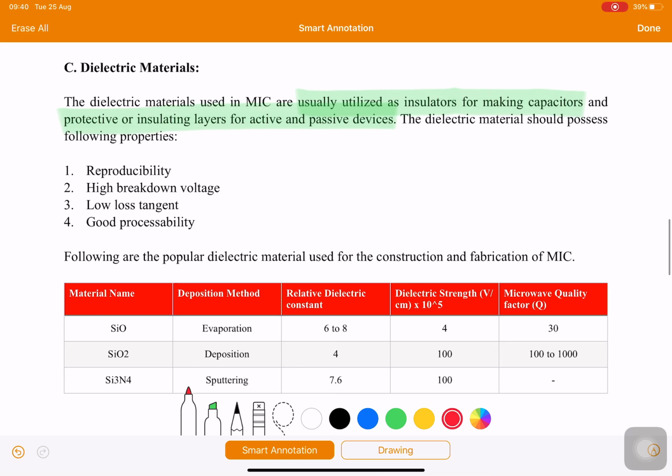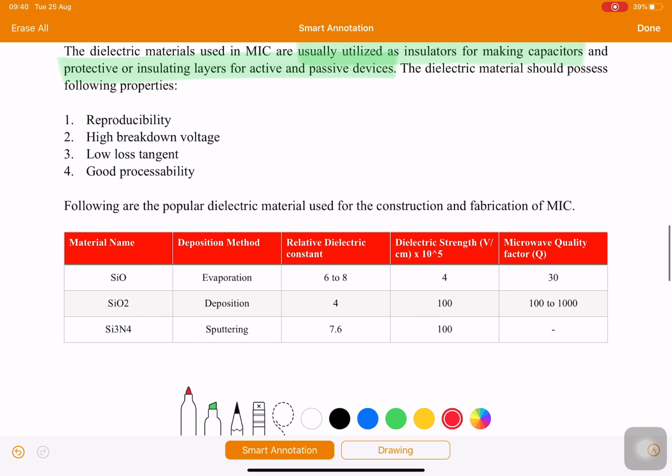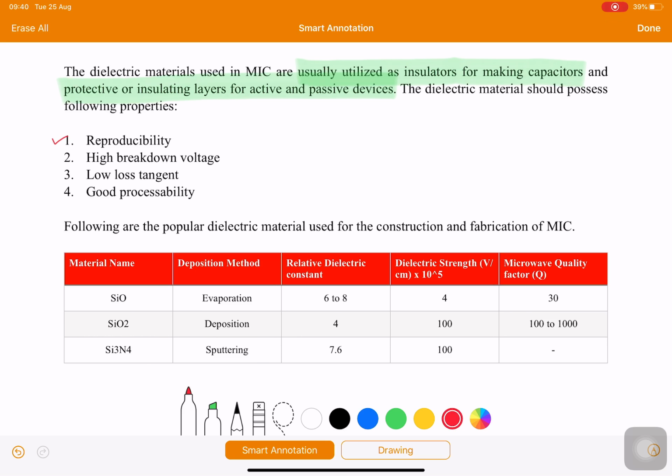The properties which we normally expect the dielectric material to provide is reproducibility. So reproducibility, what does that indicate? It indicates that we should be able to reproduce that particular dielectric material easily. Second, the dielectric material should possess a high value of breakdown voltage. We know the breakdown voltage, right? So they should be able to withstand high values of voltages which will develop during the operation of the microwave integrated circuit.